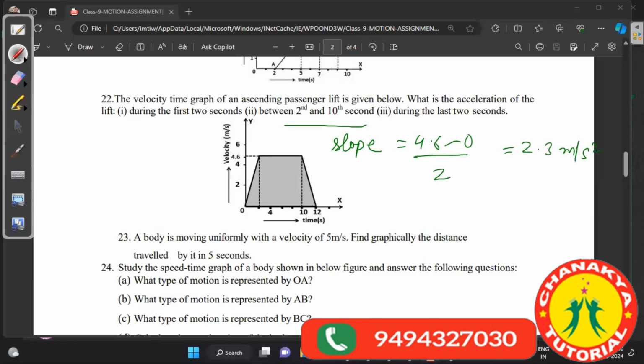Then between 2nd second and 10th second, acceleration is 0. And during the last 2 seconds, it's minus 2.3 meter per second square.